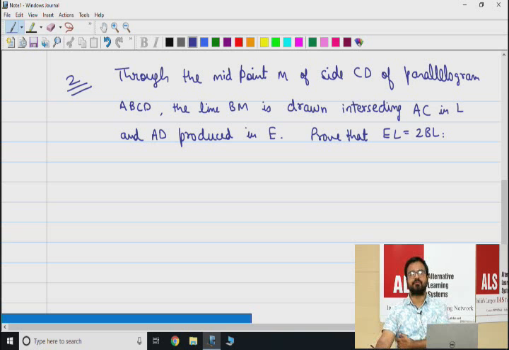A very good question. It was in the board examination. Through the midpoint M of side CD of parallelogram ABCD, the line BM is drawn intersecting AC in L and AD produced in E. AD produced in E means when we will extend side AD, that will intersect at E. So we have to prove that EL is equal to twice of BL.